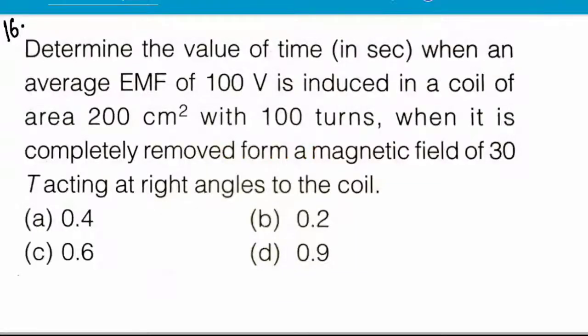Next question, question number 16. Determine the value of time when an average EMF of 100 volt is induced in a coil of area 200 cm square with 100 turns when it is completely removed from a magnetic field of 30 Tesla acting at right angle to the coil.